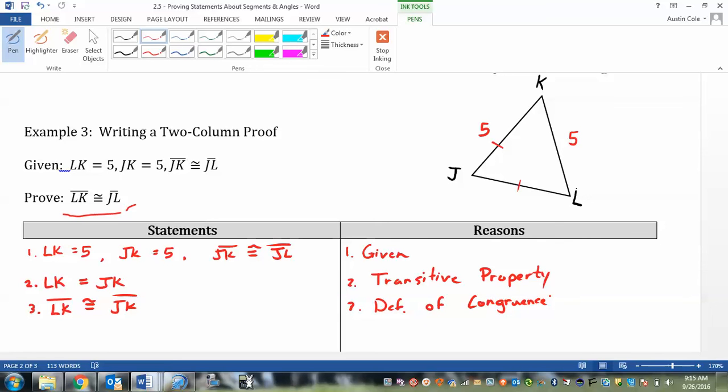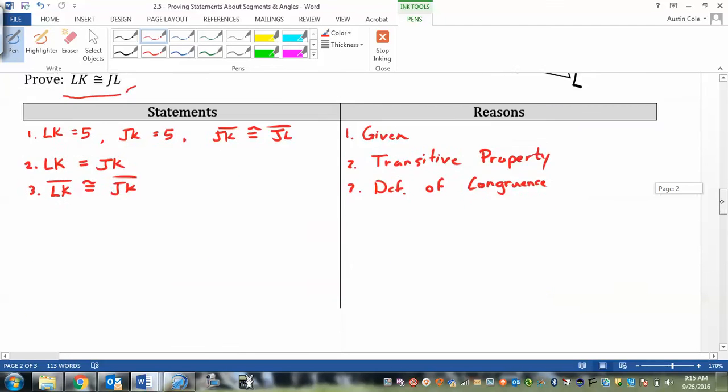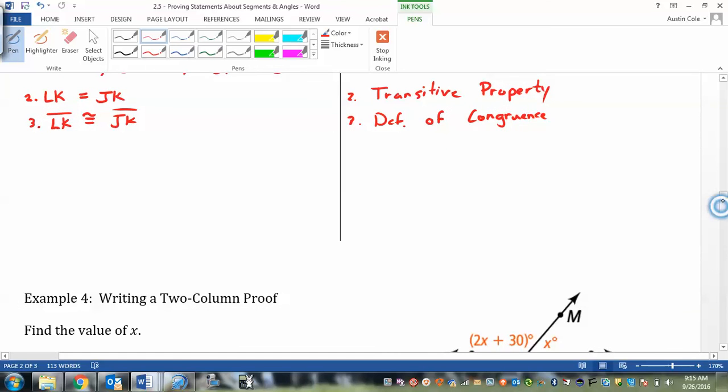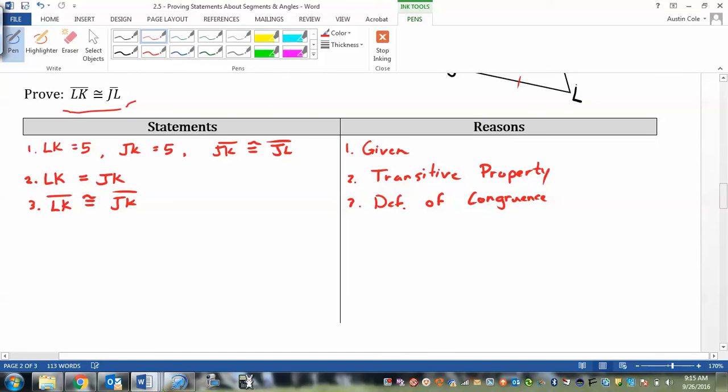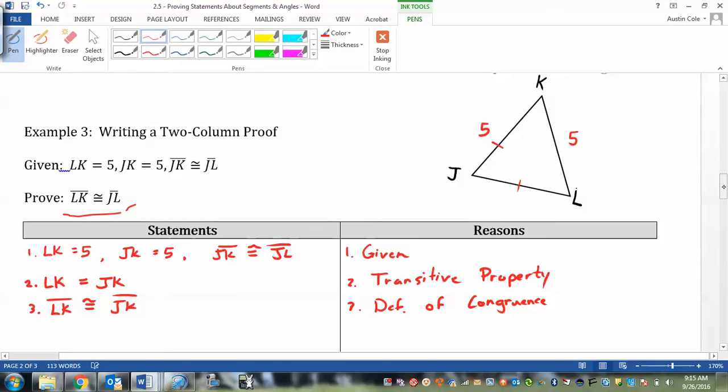Now, in step 3, do I have what I'm trying to prove? I don't quite have it. I'm trying to prove that JK is congruent to JL, but I have LK is congruent to JK. Have we used this yet? We haven't used that idea at all yet, have we?